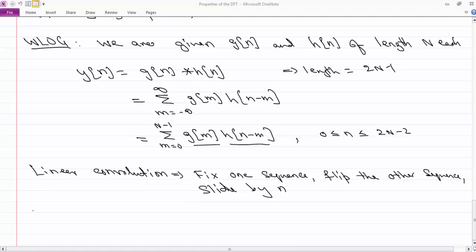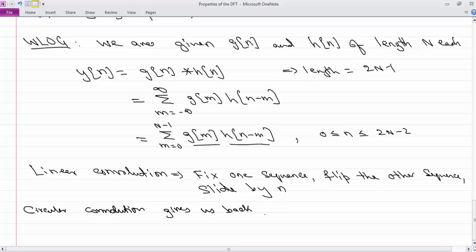So circular convolution is fundamentally different from linear convolution in the sense that circular convolution gives us back a length n sequence again. Now, fundamentally, circular convolution is actually associated with some length n, because if you have finite duration sequences, if two sequences are length 3, I can always say compute their 10-point circular convolution.